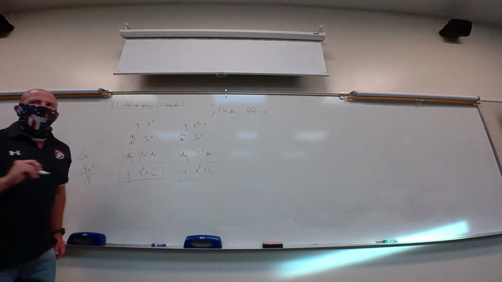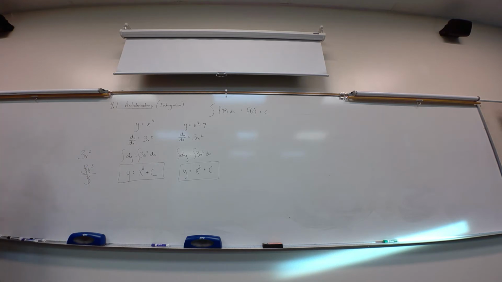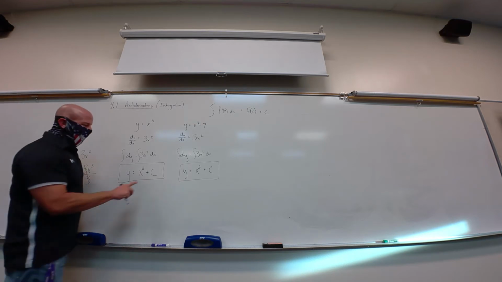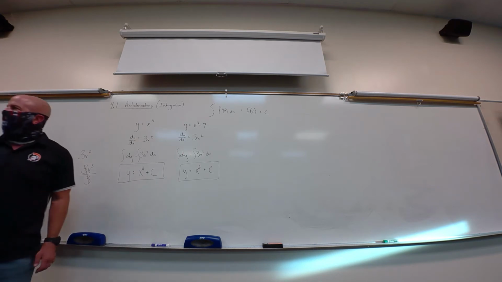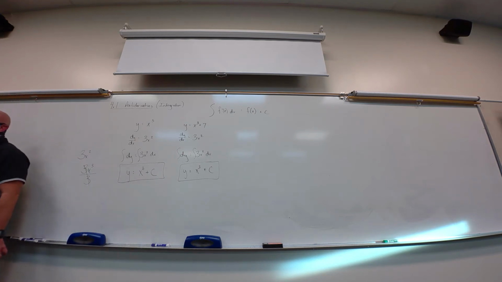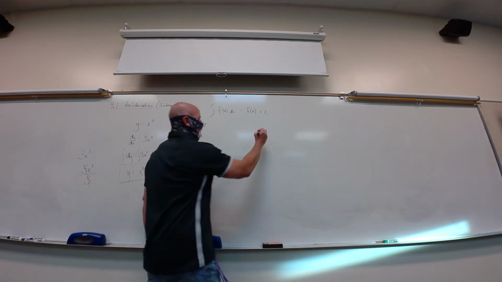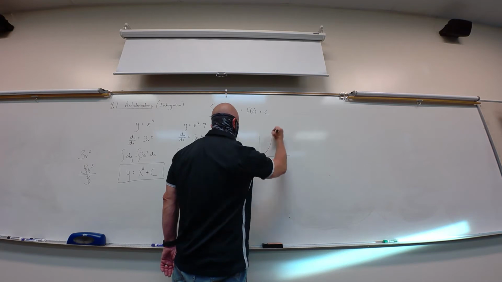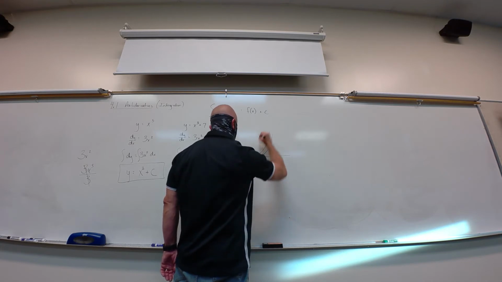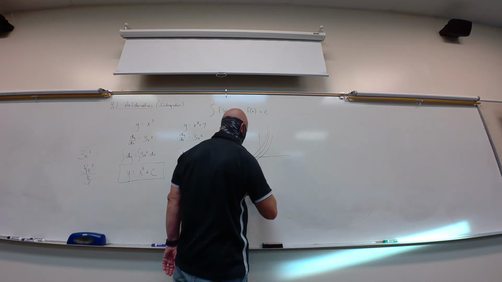It is basically representing the family of functions. The family of functions. Do you remember what the constant on the end of a function, if you added or subtracted a number to it, did to the graph? Just shifts it up or down. Shifts it up or down. So right now I'm saying that it's this one, it's this one, or it's this one.